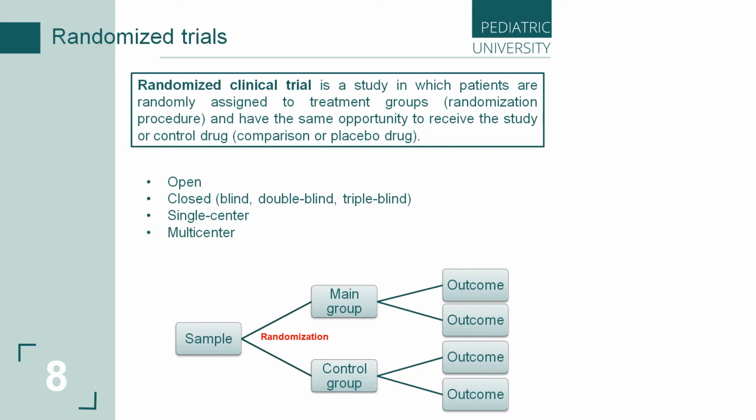I think you heard this word earlier. A randomized clinical trial is a study in which patients are randomly assigned to a treatment group, this is the randomization procedure, and are equally likely to receive the study or control drug, comparison or placebo drug.